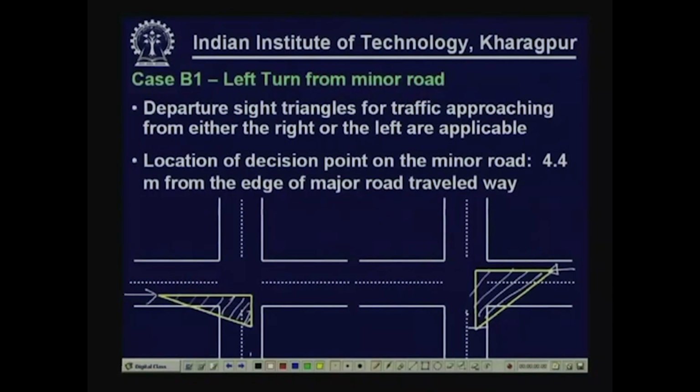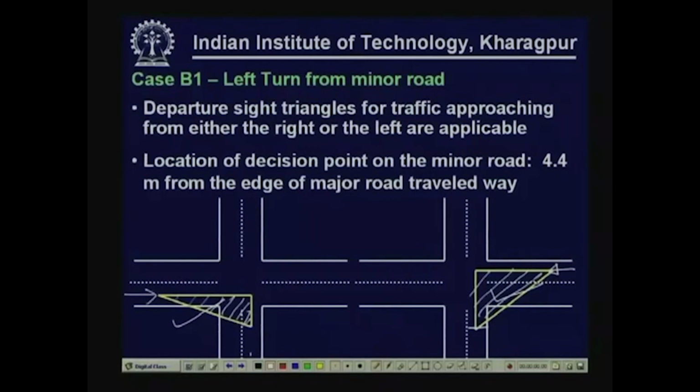And the location of the decision point on the minor road should be decided now. So, there are 2 cases: considering a vehicle from the left side, which is this case, and the other case is a vehicle from the right side. So, this is that case.